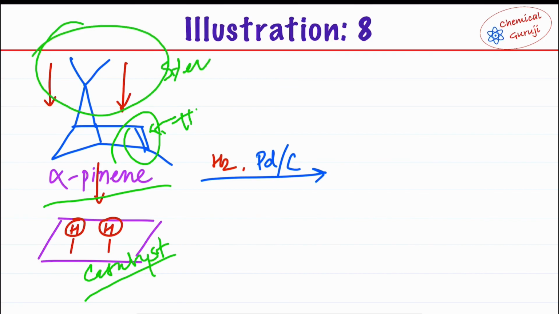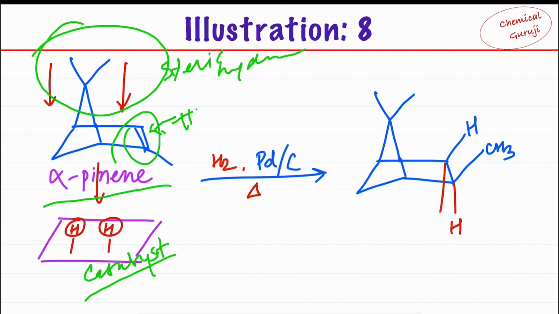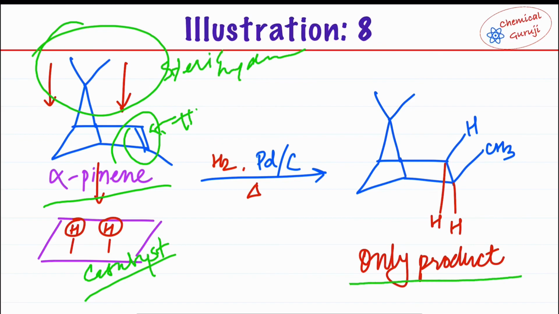There is steric hindrance, so we will not receive any enantiomers as a product. We will receive only one product, not a mixture of products as we received in the last slide.